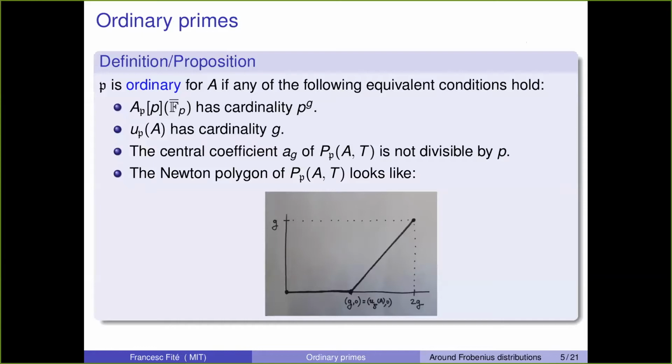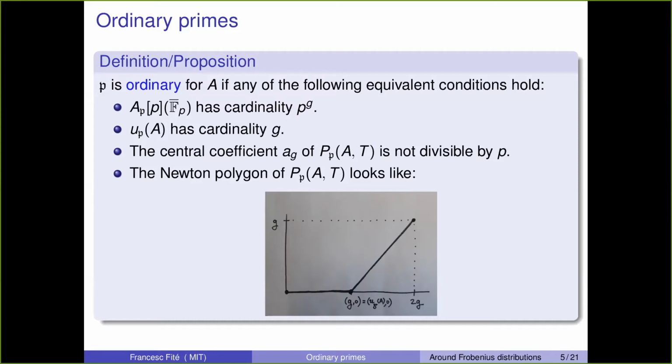Okay, so now I'm in good condition to tell you what it means for a prime of K to be ordinary for the abelian variety A. We say that a prime p is ordinary if any of the four equivalent conditions that you see on the slide hold. The first condition is the one that one usually uses to define what it means to be ordinary. It is the assertion that the p-torsion of the reduction of A modulo P over an algebraic closure has size p to the g.